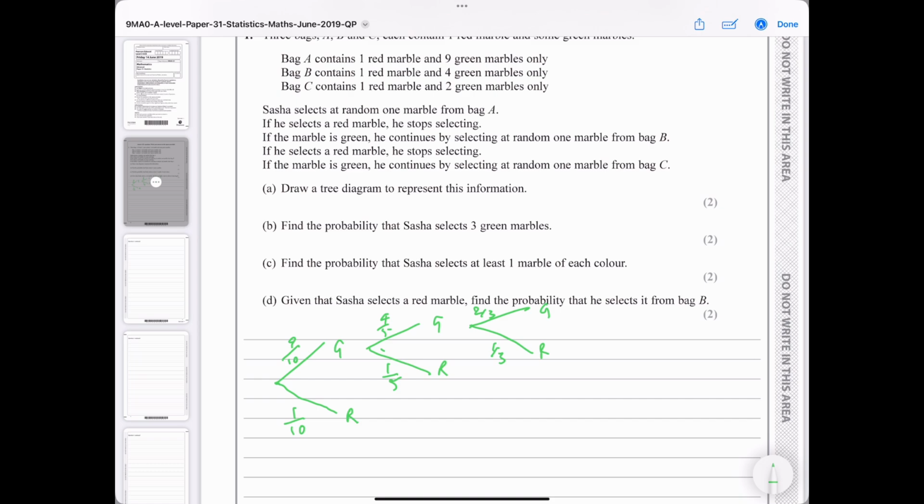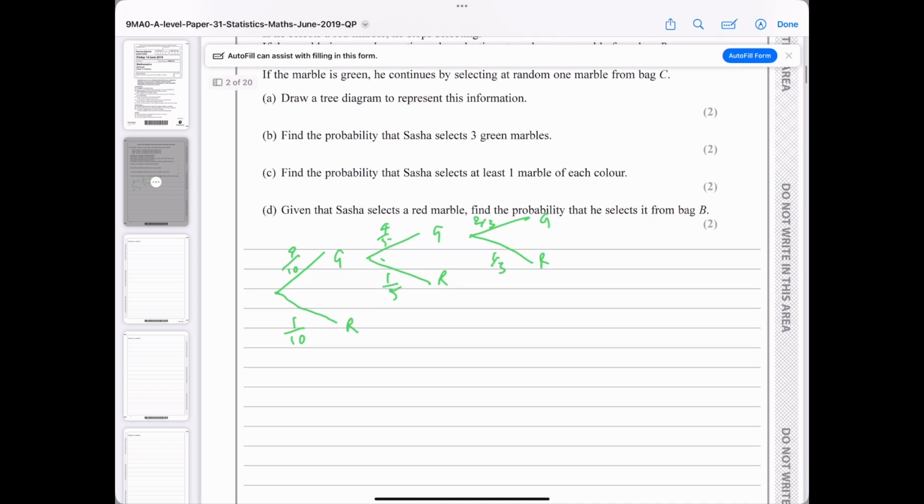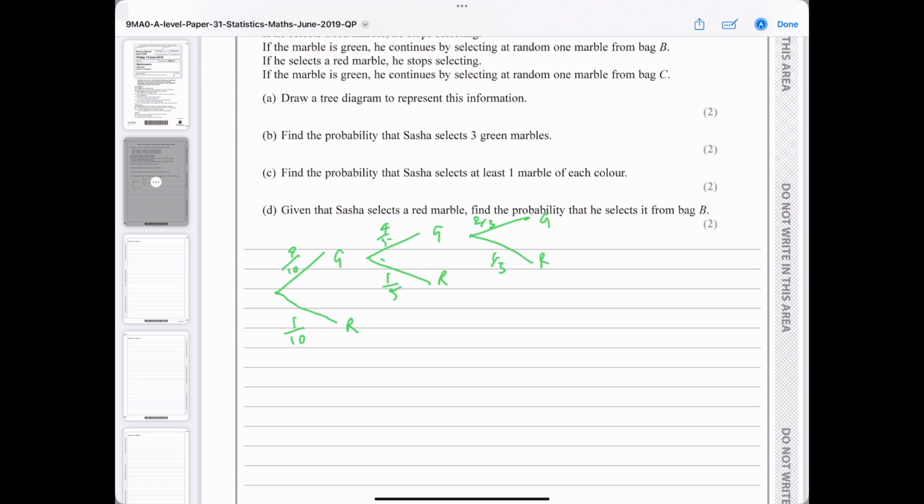There you go. Find the probability he selects 3 green marbles. So that's part A. It's not the best tree I've ever drawn, but it'll do. Part B, 3 green marbles.